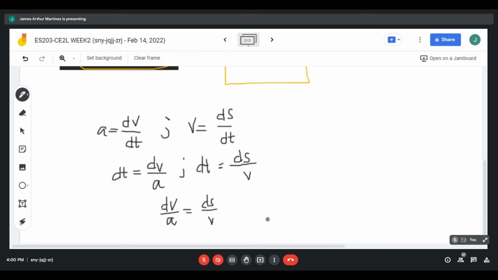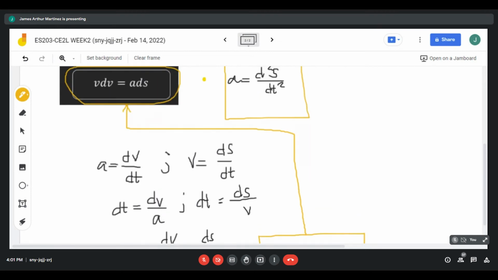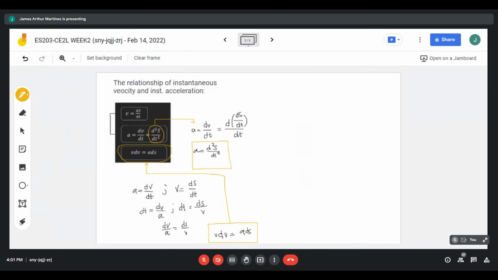By cross multiplying, v dv is equal to a ds. So that is how this equation is derived. Okay, so back to the PowerPoint.